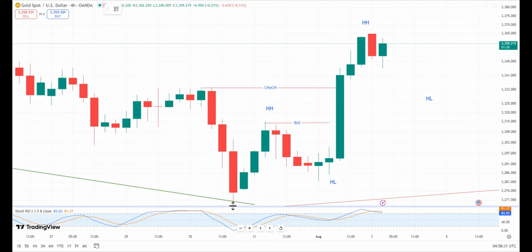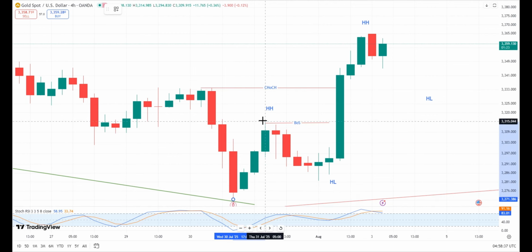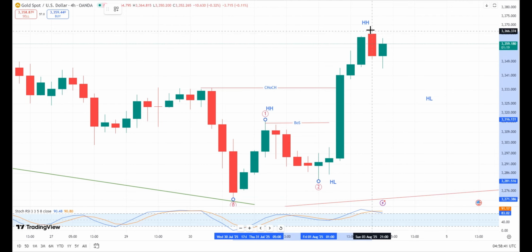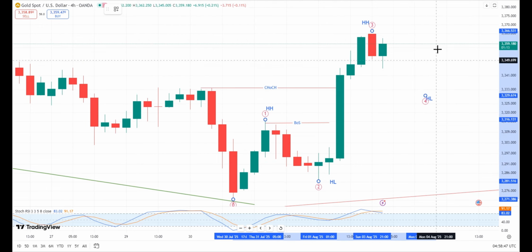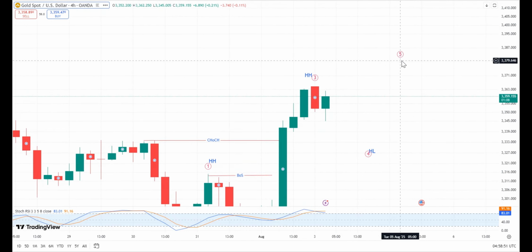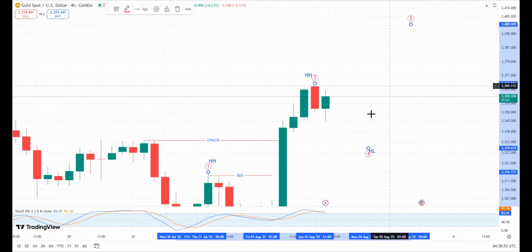We'll be looking out that yes, this is our wave 1, wave 2, wave 3, and this new higher low we're anticipating should be our wave 4. Then we'll take our wave 5 from there.